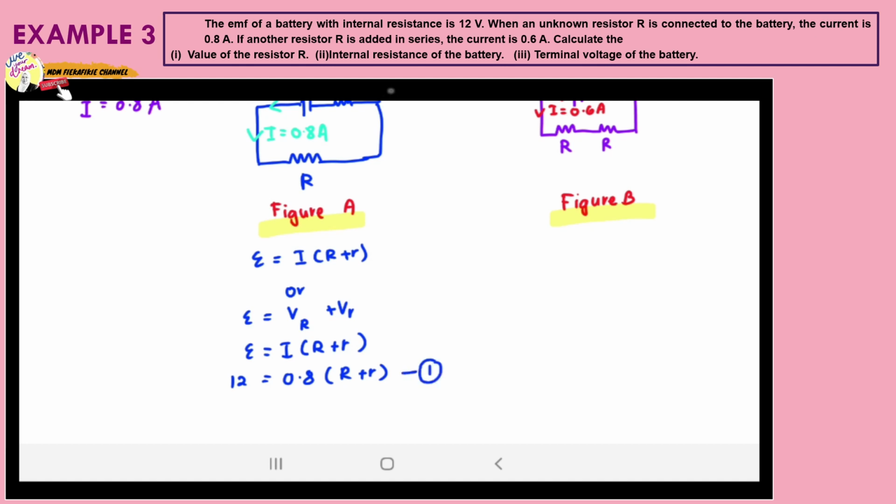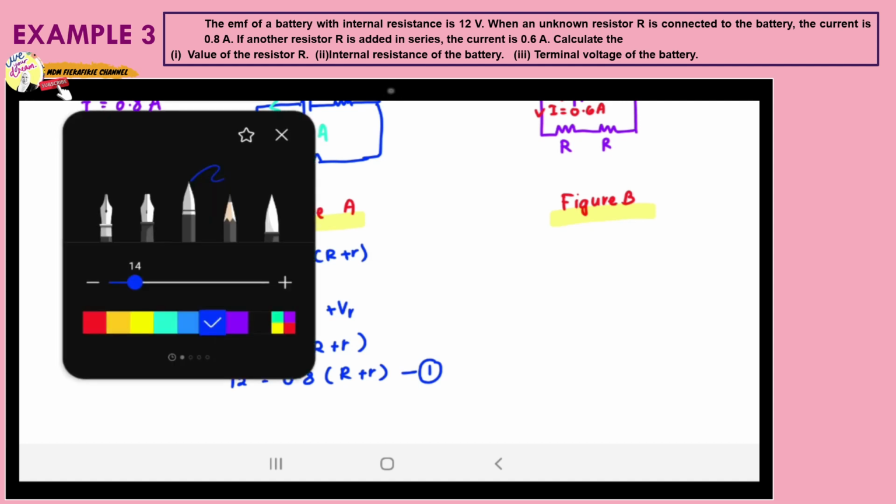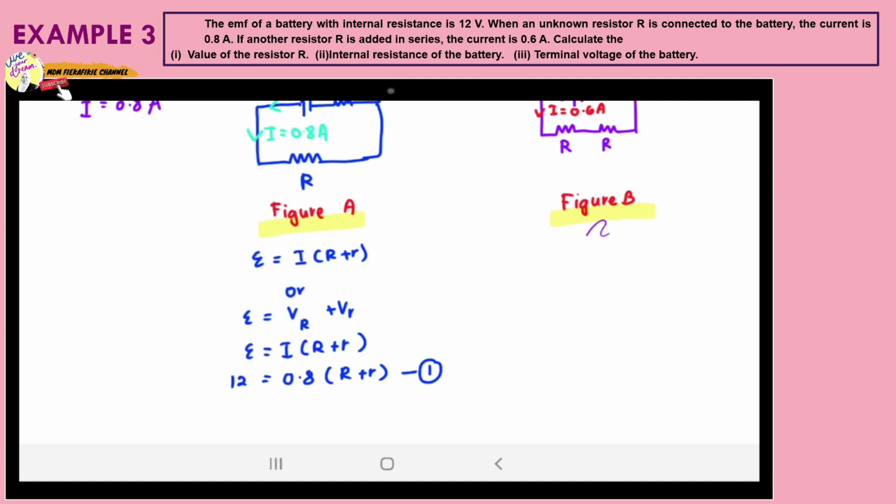Let's get the second equation from the second figure, which is figure B. From figure B, let's write EMF is equal to I R total plus r. Why R total? Because we have two external resistances in series, where R total is equal to R plus R, and it's equal to 2R.